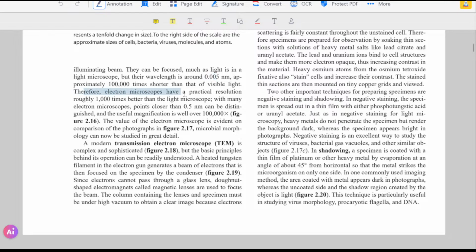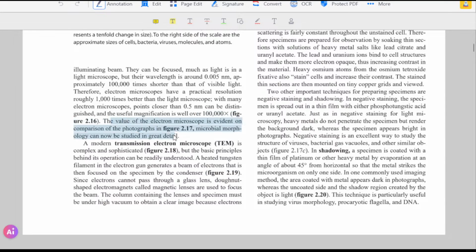Therefore, the electron microscope has a practical resolution roughly 1,000 times better than the light microscope. With many electron microscopes, points closer than 0.5 nanometer can be distinguished. So the limit was 0.2 micrometer for the light microscope, and here the limit is 0.5 nanometer. The useful magnification is also over 100,000 times. The magnification is that much higher.